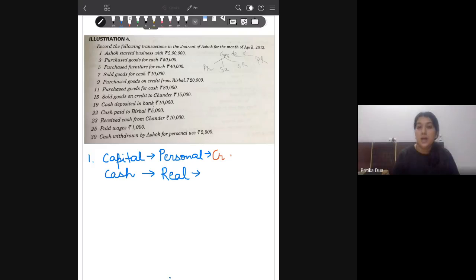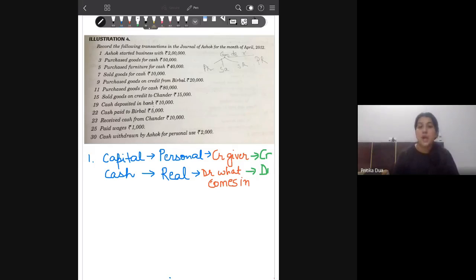So for real account, the rule is debit what comes in, credit what goes out. So on this basis, capital account will be credited and cash account will be debited.